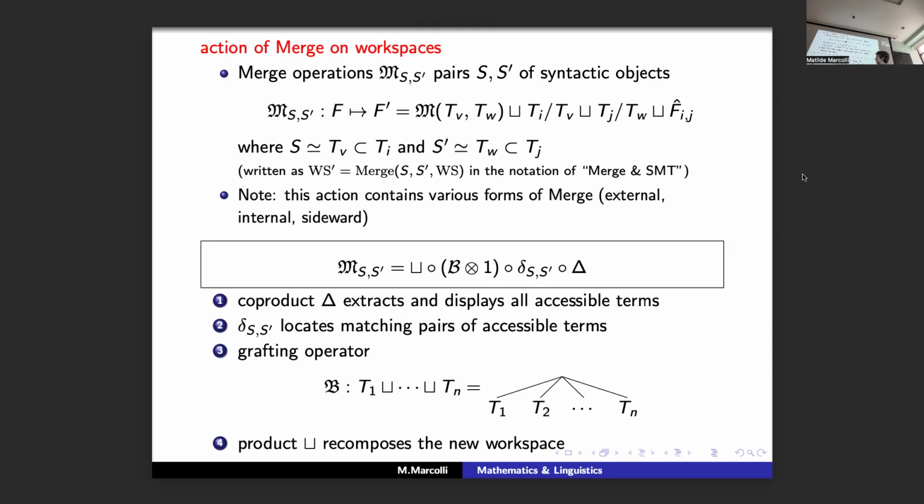Maps of this form on a Hopf algebra, provided that they satisfy some properties, are maps that have been studied as Hopf algebra Markov chains. As we'll see, this is in fact a case of these Hopf algebra Markov chains. In general, those look something like this: you have a coproduct, then some kind of linear map that acts on the pieces of the coproduct, and then you reassemble them together with the product.